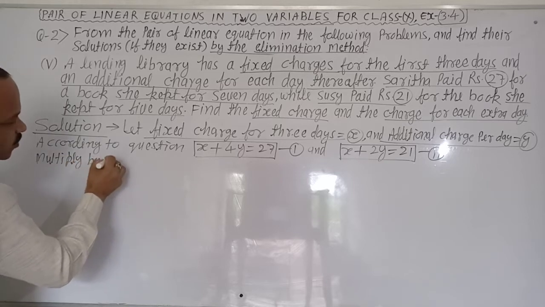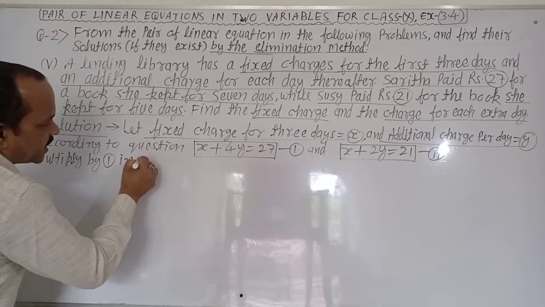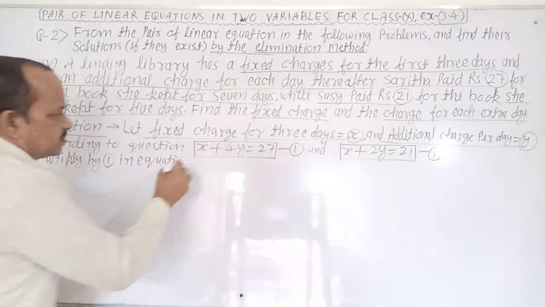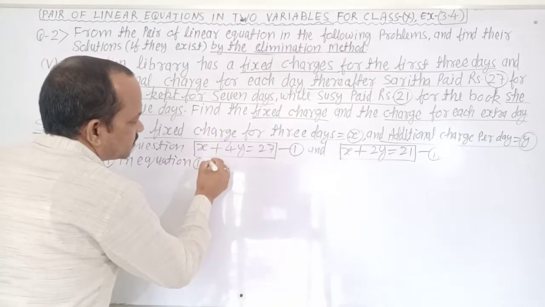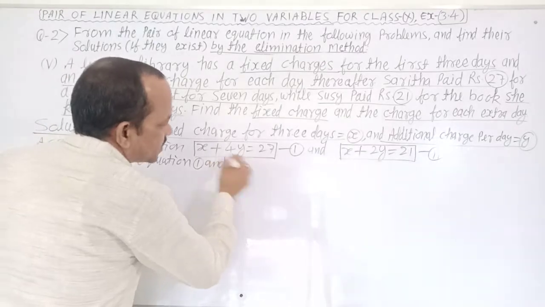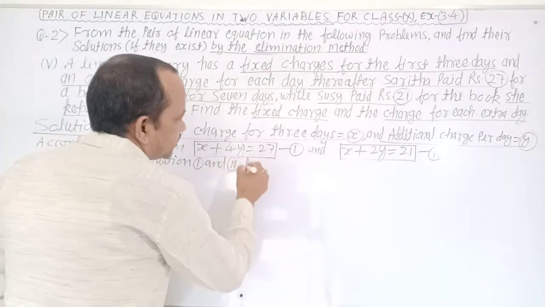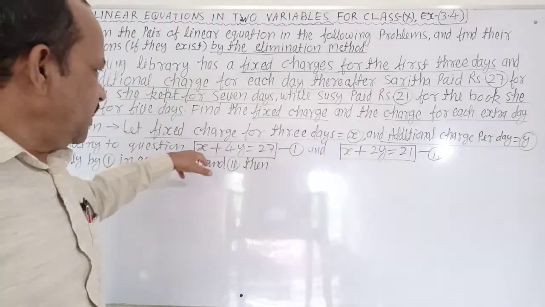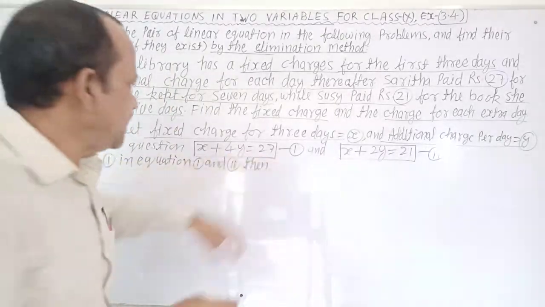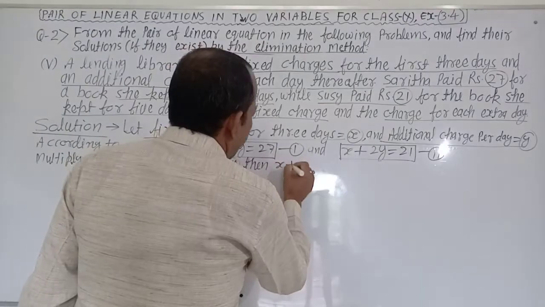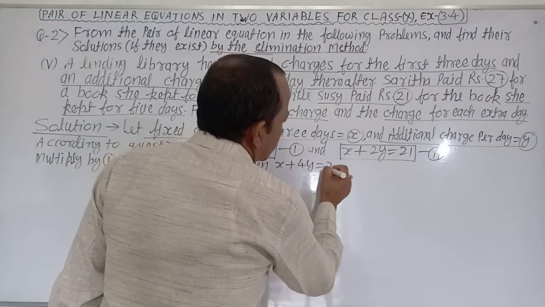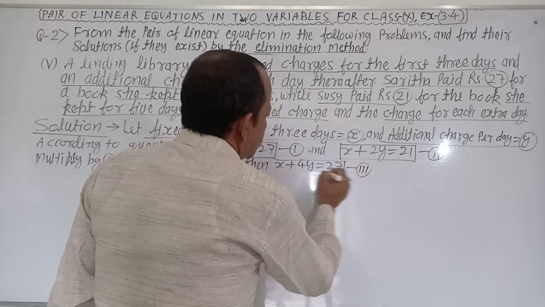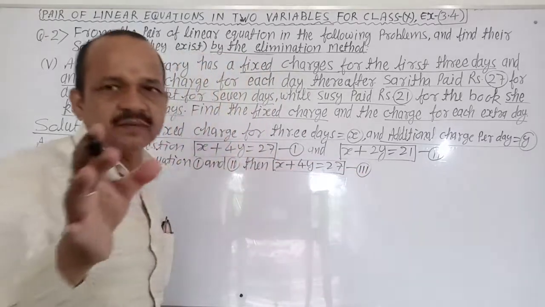Here, multiply by 1 in equation first, it becomes x plus 4y equal to 27, equation third.